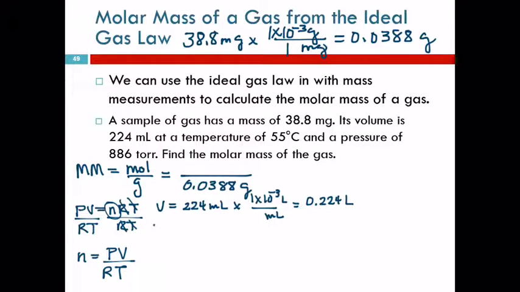The pressure they gave us in torr, we need it in what? Atmospheres. So we multiply by atmosphere, we divide by torr. 1 atmosphere is 760 torr. 1.1658 atmospheres.